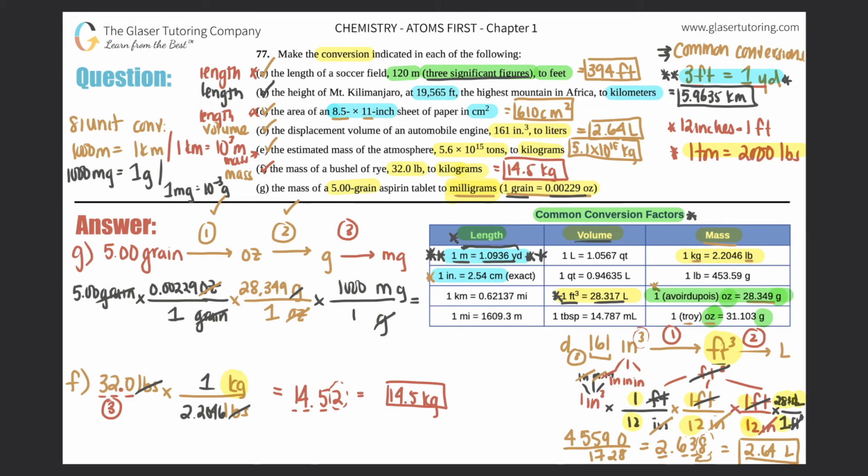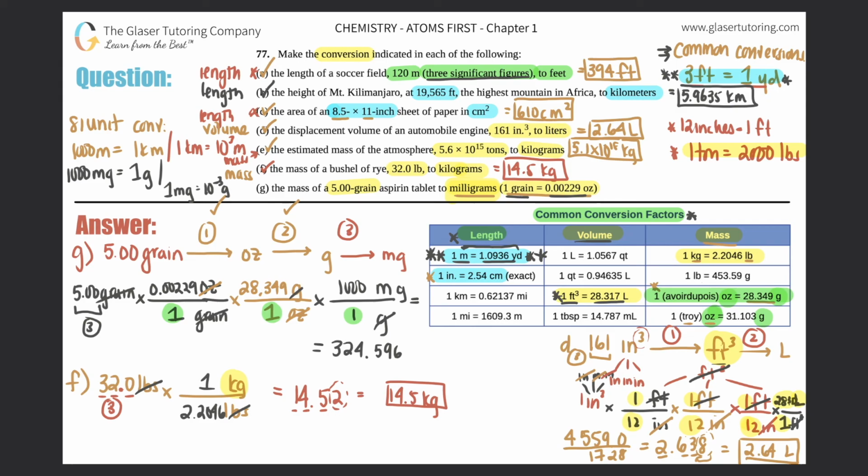Basically, everything is divided by 1. So whatever you times the top, that's the answer. So we got 5 times 0.00229 times 28.349 times 1,000. And you get 324.596. Sig figs. There are 3 sig figs here.